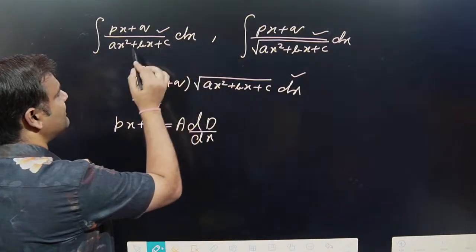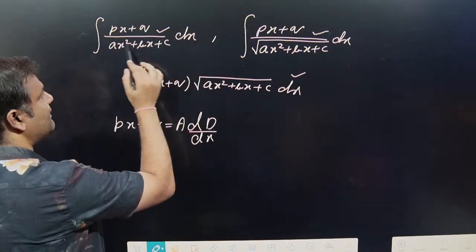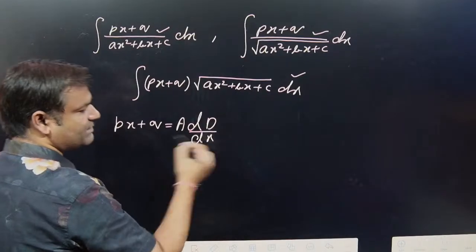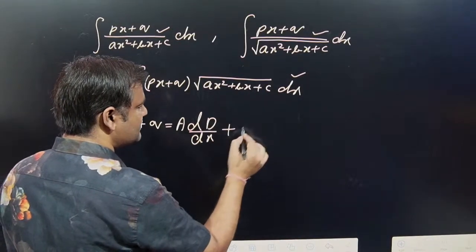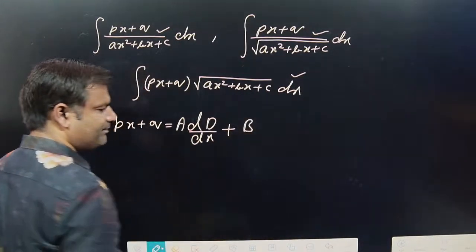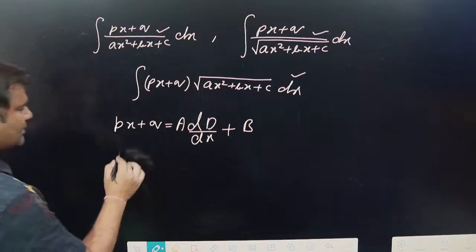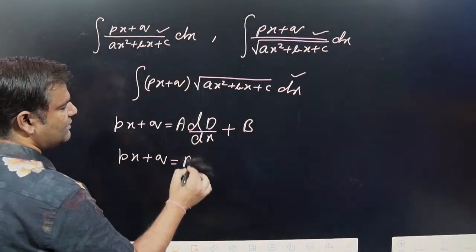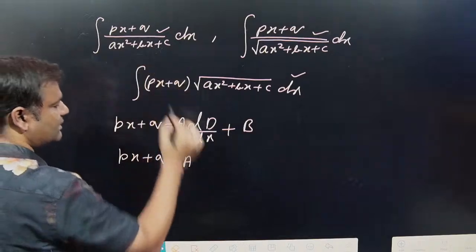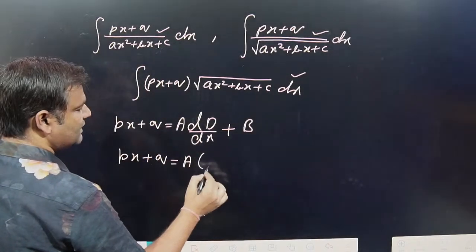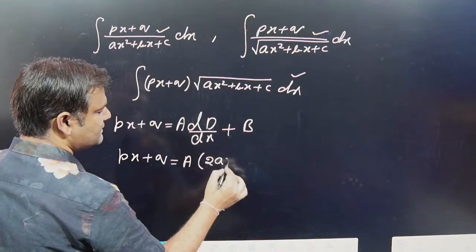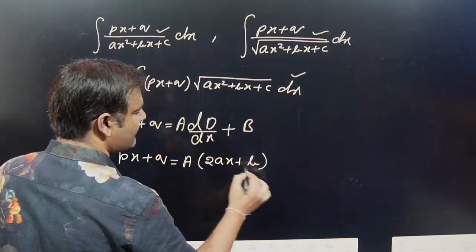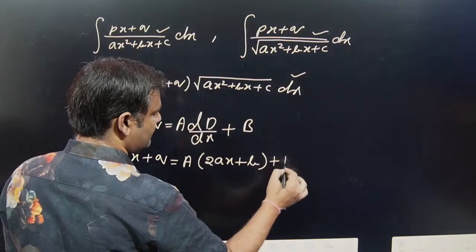If here x, then with respect to x; if here y, then with respect to y, plus capital B. So basically px plus q is written as A into differentiation of this one. So that is 2 into ax plus b, small b, plus capital B.